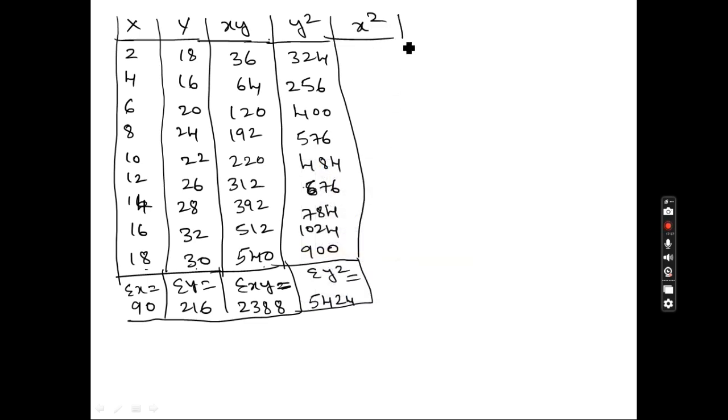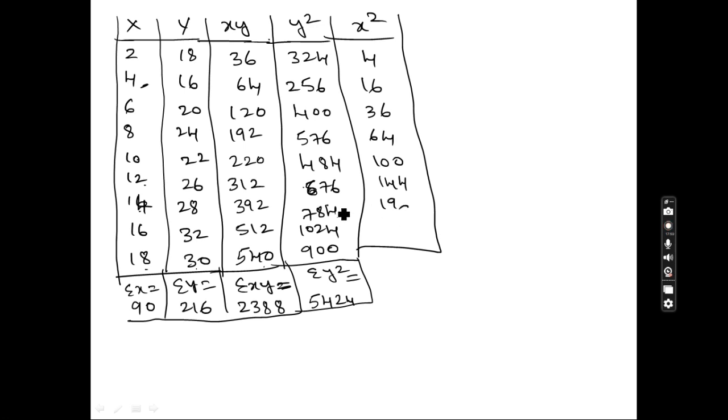I am taking x square because I am going to find out the y on x equation also. So when you do the x square: 2 square 4, 4 square 16, 6 square 36, 8 square 64, 10 square 100, 12 square 144, 14 square 196, 16 square 256, and 18 square 324.